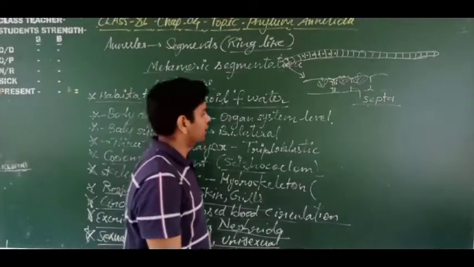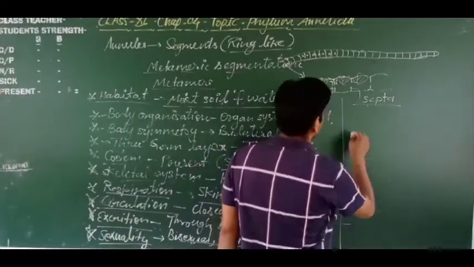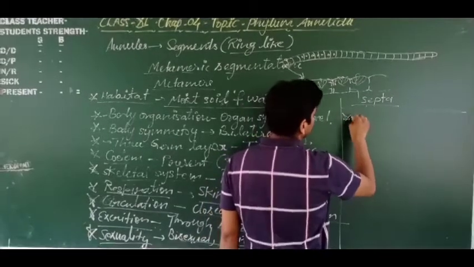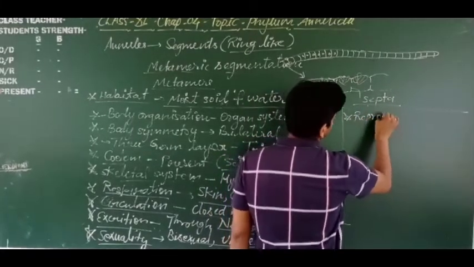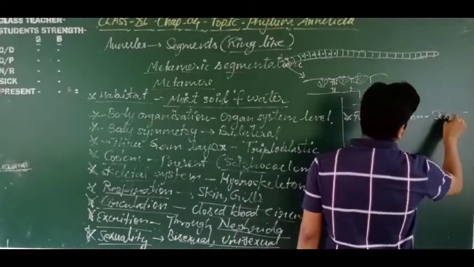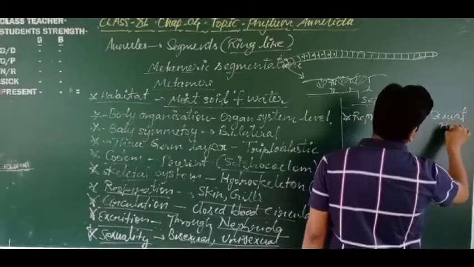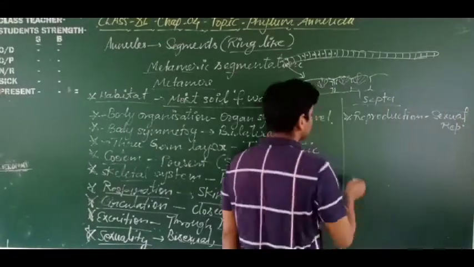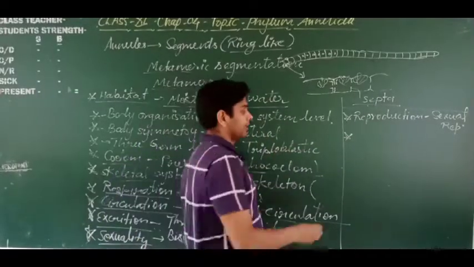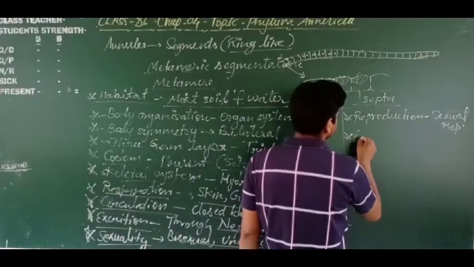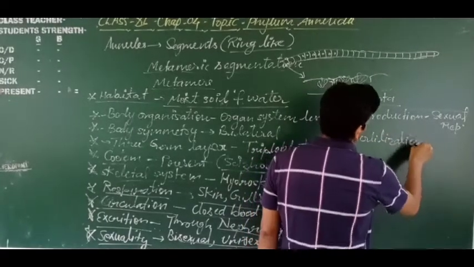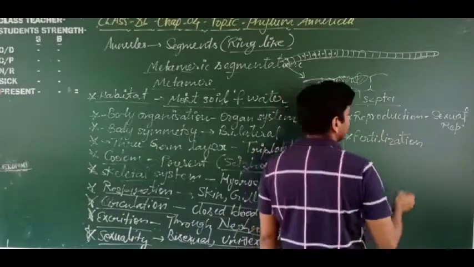Now let's discuss how reproduction is found. Mainly the type of reproduction is sexual reproduction. So sexual reproduction is present. Next one, dear friends, fertilization occurs internally.